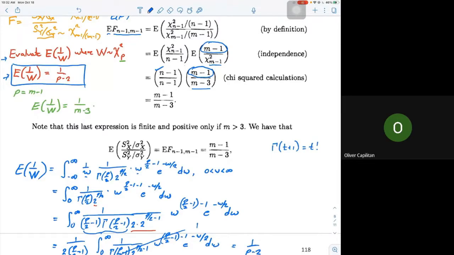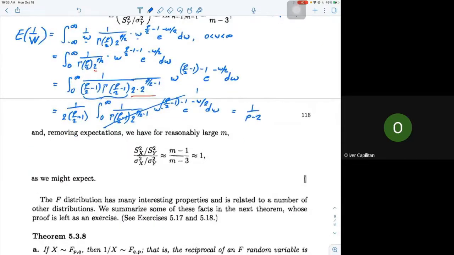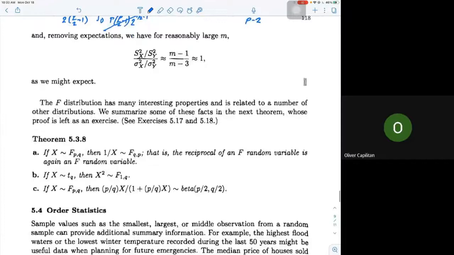Okay, so by removing expectations, we have reasonably for large n, that would be approximately equal to 1. Okay, so to end this particular section, we have other properties of our F distribution.